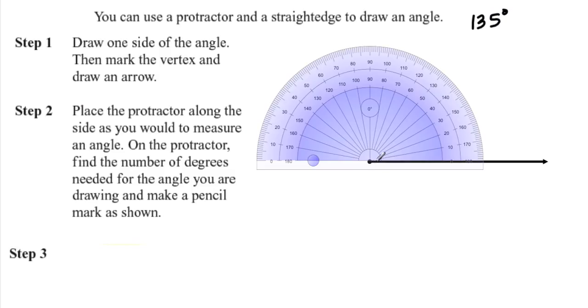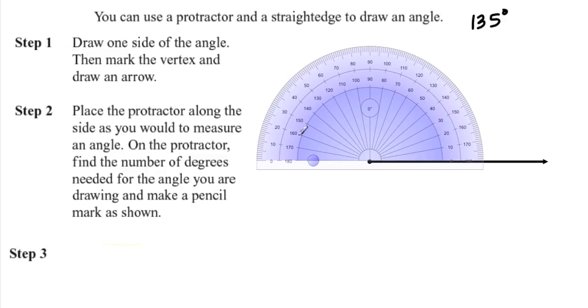So after drawing that straight line and after putting our protractor on that straight line, where the center of our protractor is also on the vertex of our line, we look where the 0 degree scale is in this particular protractor. Where it starts from zero is the inside scale.